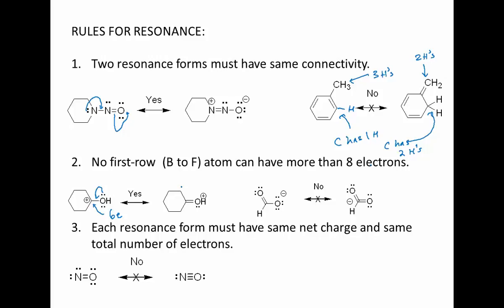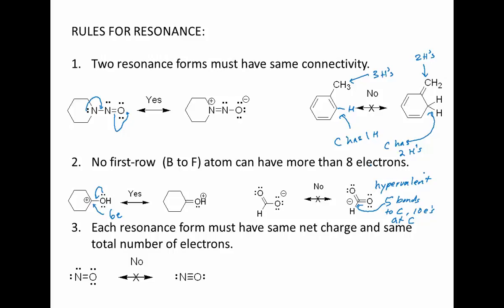All right, so let's look at this other one. We can delocalize the negative charge to carbon by writing this resonance form, but here we have 5 bonds to carbon, and this is not allowed. So this is hypervalent. That's the word we're going to use a lot in this class too. That means it has too many electrons.